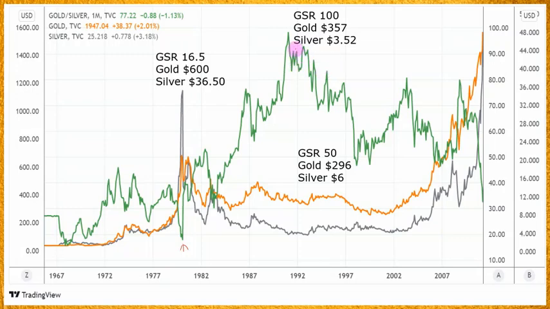And so if they waited again, so they'd bought the silver at this point and then waited and then sold at this point, then we've got the gold-silver ratio of 50. Gold price was $296 and silver was $6.